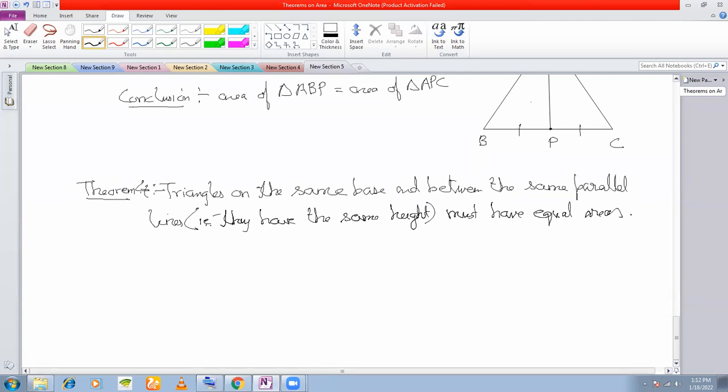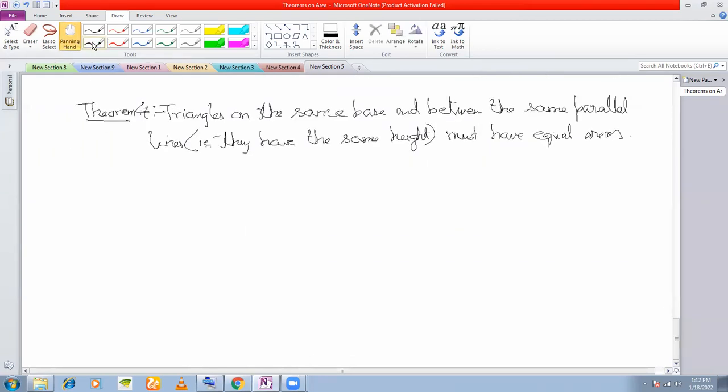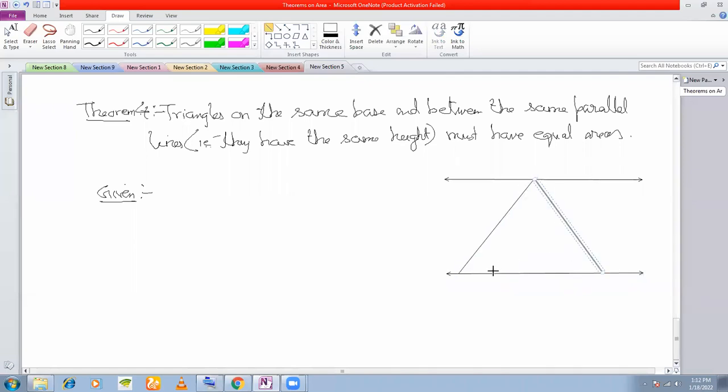What does this mean? If I give you two parallel lines, and in these two parallel lines I draw triangles between these two parallel lines.